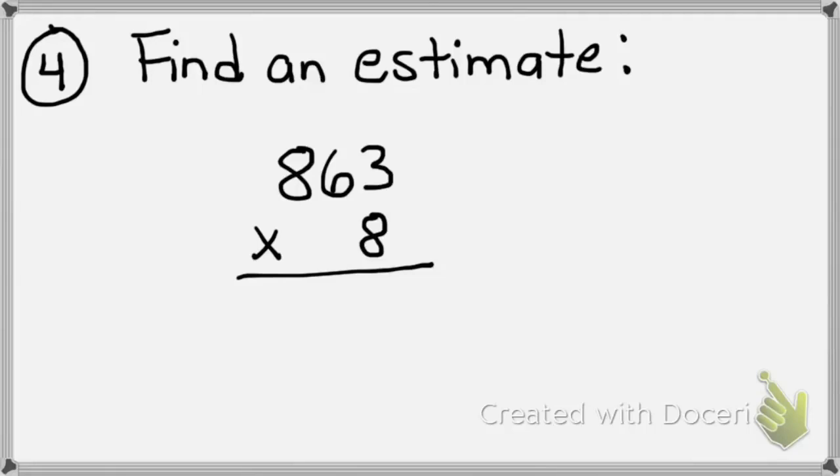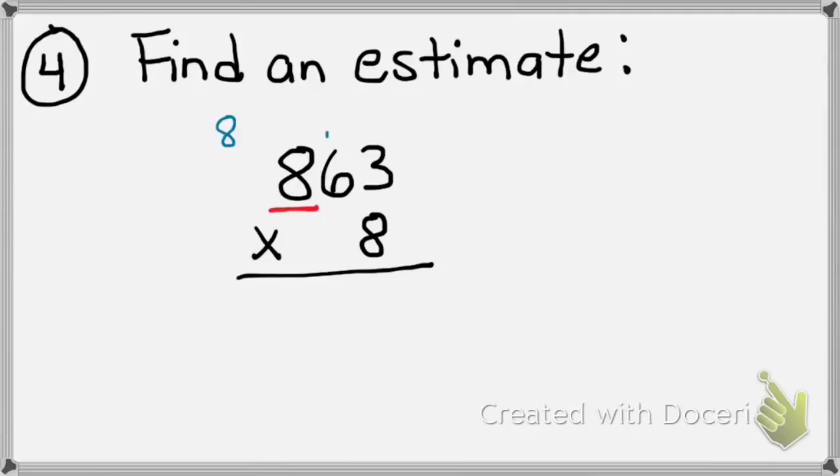And example number 4 is more like the real reason that we're learning left-end estimation. The directions say find an estimate, and I have the actual problem, 863 times 8. If I want to find an estimate, I can simply use left-end estimation. So first I'll focus on my top number, which is 863. The digit on the left is 8. 8 stays the same.